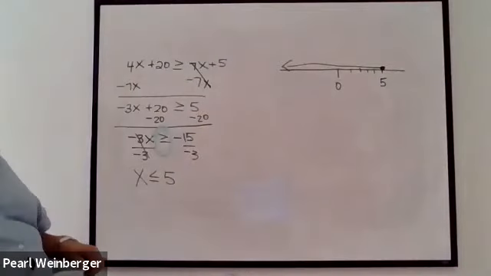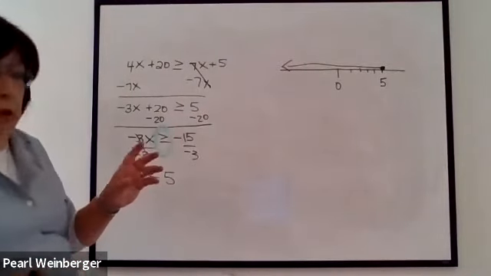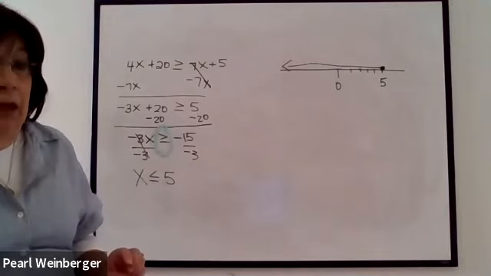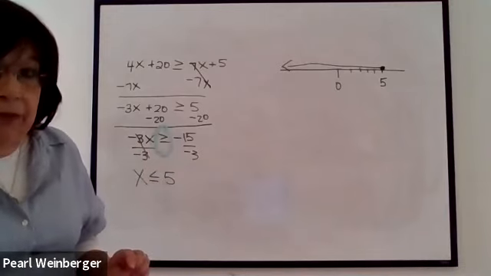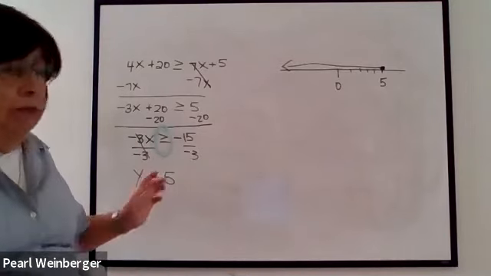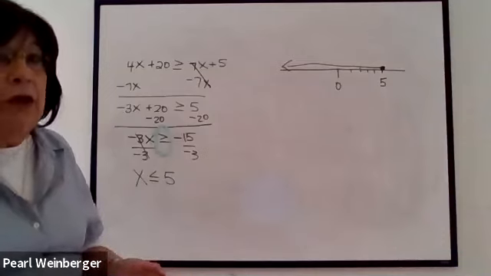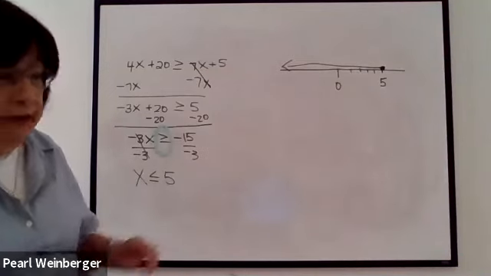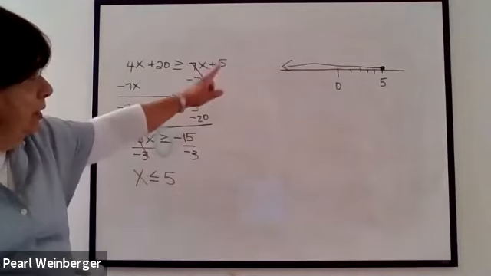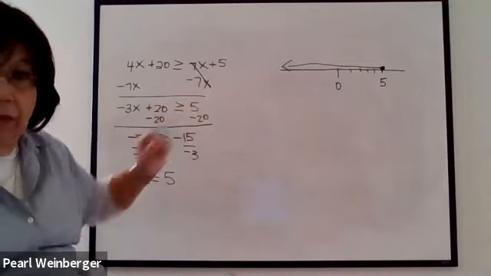Just to finish this up, let's talk about a third way of giving the answer. Here's one way of giving the answer as an inequality. Here's another way, giving it on the number line.